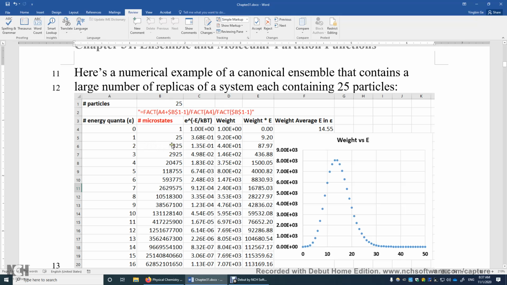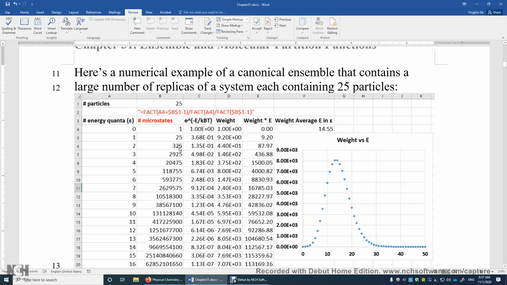Now, why 325? Well, you can give these 2 quanta to the same particle, right? And then you have 25 microstates. Also, you may give these 2 quanta to 2 different particles.